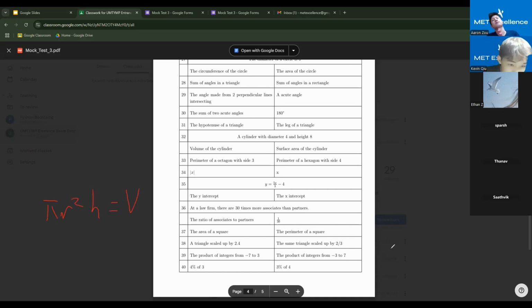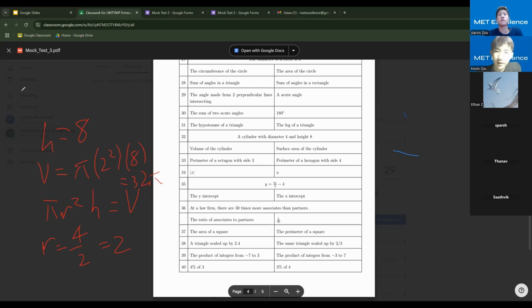So what is r? R is the radius, which is half the diameter. So r equals 4/2 equals 2. And it's given that the height is 8. So volume equals pi times 2 squared times 8, which is 32 pi.